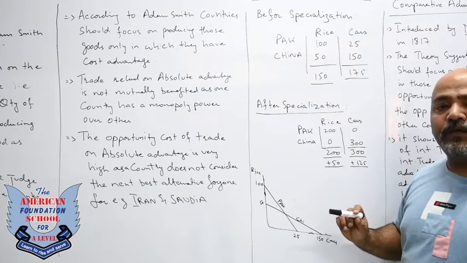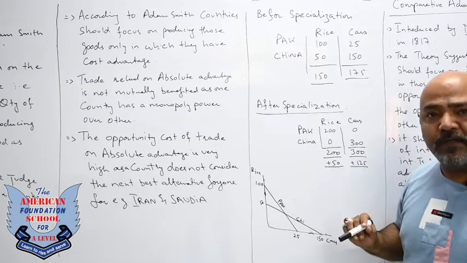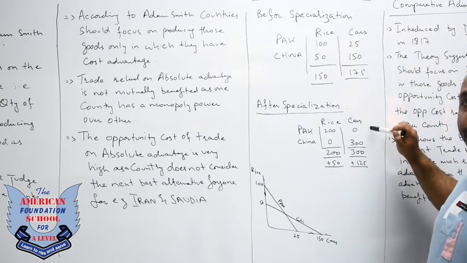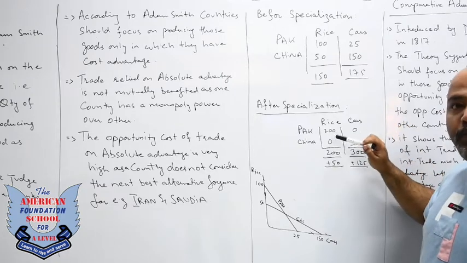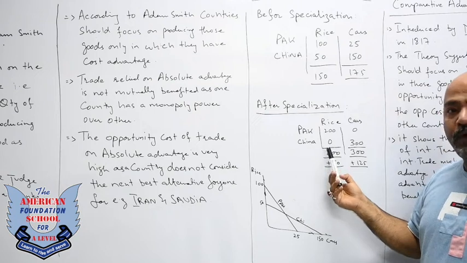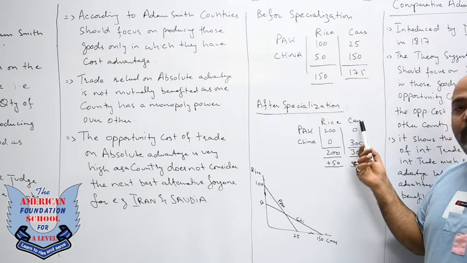Now Pakistan's total focus is on producing rice. So if the resources are no more producing cars, it means the resources will be doubled and output will be doubled. Whereas now China will not focus on producing rice and all the resources will be shifted to produce cars.